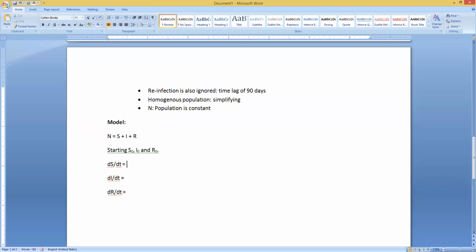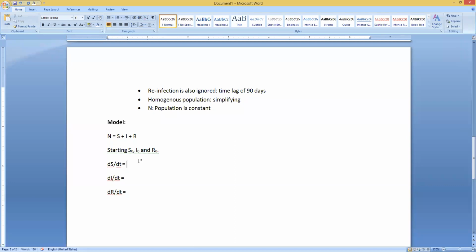Now, what is dS/dt? When will the number of susceptible persons decrease? This is a question to you. So when will dI/dt increase?